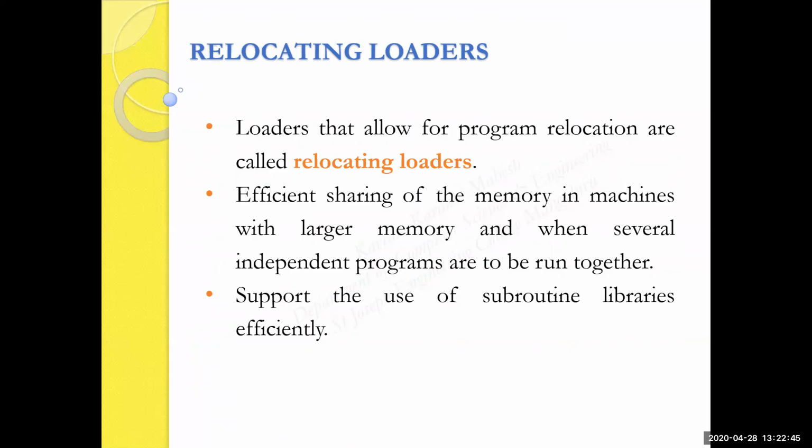So such loaders that allow for program relocation are referred to as relocating loaders. Also, the relocating loading scheme allows efficient sharing of memory in larger machines where several independent programs have to be run together, and they also support the use of subroutine libraries effectively.